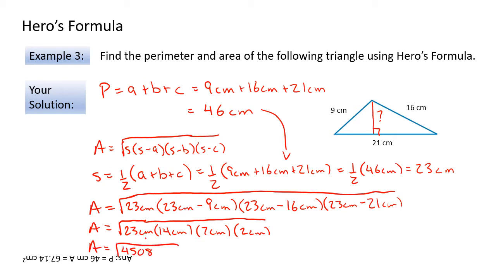And keep in mind, we have centimeters times centimeters times centimeters times centimeters, which is actually centimeters to the exponent 4. You'll see why that's important when we take the square root. Okay? So if you take the square root, you're actually taking 4,508 centimeters to the exponent 4 to the exponent 1/2. Either way, I'm just showing you this to show how the units actually work out.